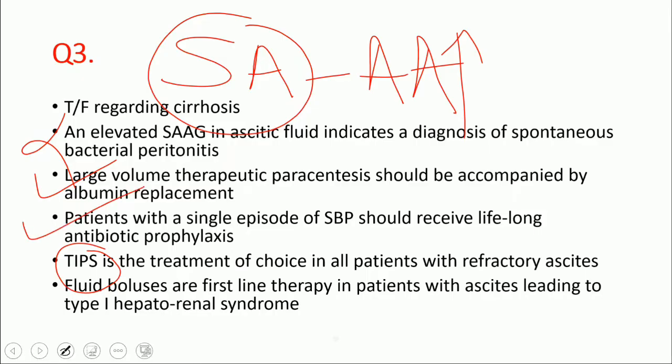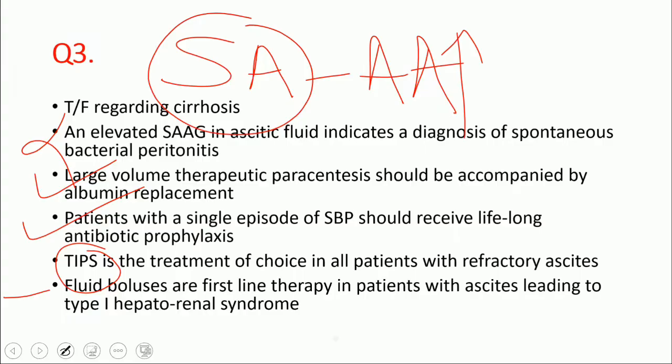Now, the last MCQ is a bit out of date, because for hepatorenal syndrome, we don't call it type 1, type 2 anymore. Now we say hepatorenal syndrome with acute kidney injury or hepatorenal syndrome with chronic kidney disease. Those are the two types. Don't worry too much. But type 1 hepatorenal syndrome is commonly associated with gross ascites and is partly due to reduced perfusion of the kidneys, with volume redistribution.